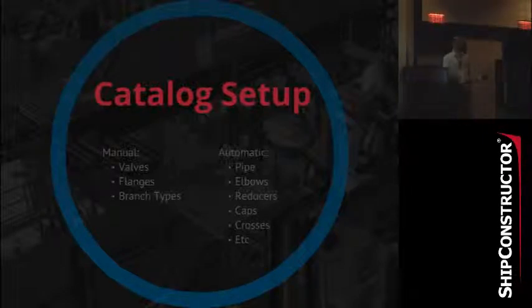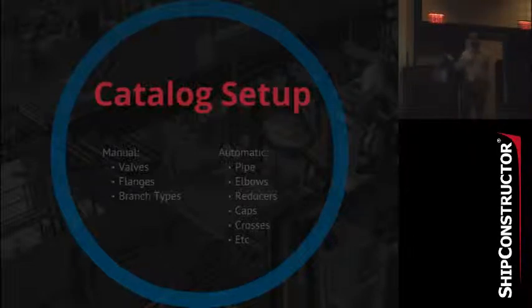So how do I do it? Well, like anything else, there's going to be a bit of pain at the beginning. We put a significant amount of time into setting up your catalogs in such a fashion to do as much as we possibly can. So your pipes, your elbows, your reducers, your caps, all of these things are going to be set up automatically with the correct information, which I'll tell you what those are in a second.